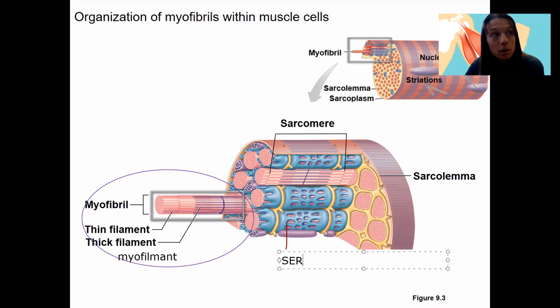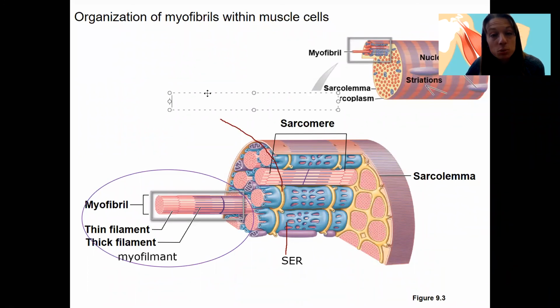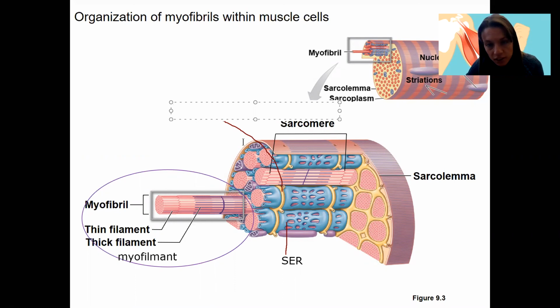The last term that I just want to introduce now, because you'll need to know it later, this yellow here, this is a transverse tubule. It is going to be continuous with the sarcolemma. Actually, you can see that right here. I will put it over there as well. So this is a T tubule, which stands for transverse tubule.